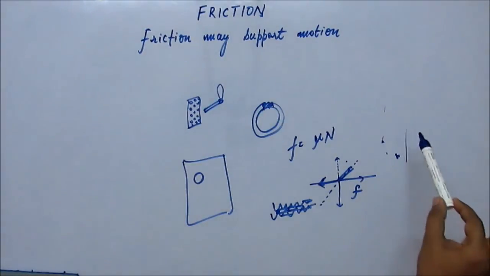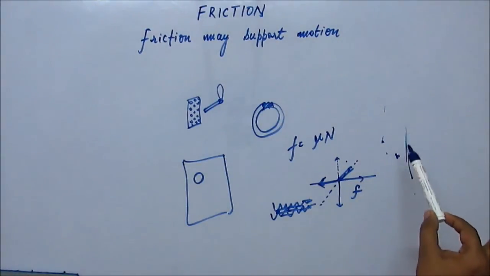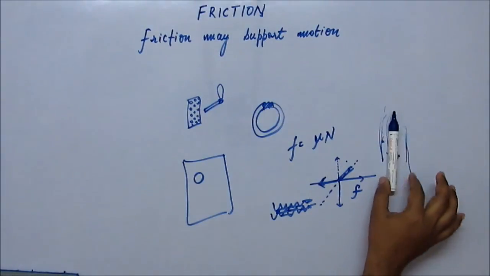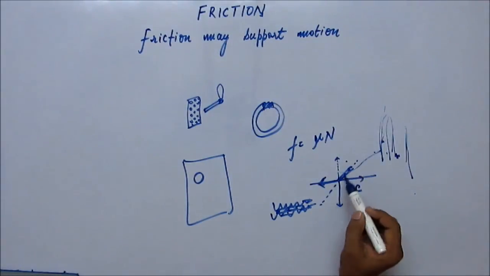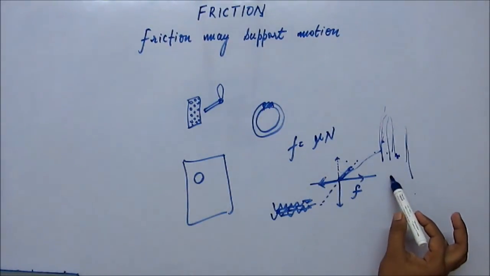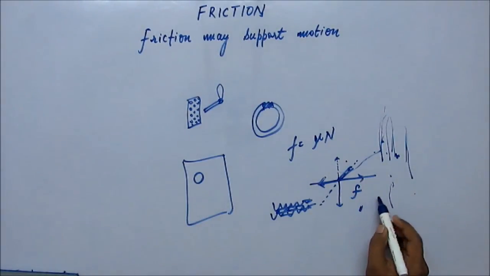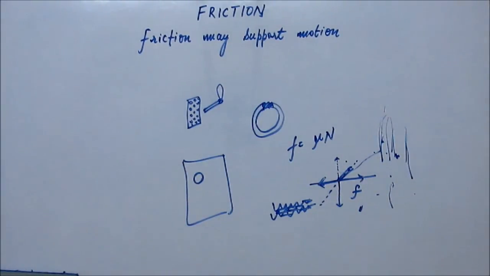Otherwise, the marker would slip. You cannot hold anything in this direction had there been no friction. It would simply slip. So this component of force is countered by friction, and you're able to hold anything like this. Otherwise, it wouldn't have been possible for us to hold a pen in a slanted position. It would slip. Very difficult to write unless you keep the pen normal.